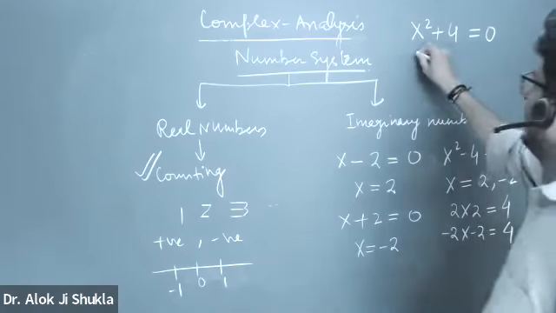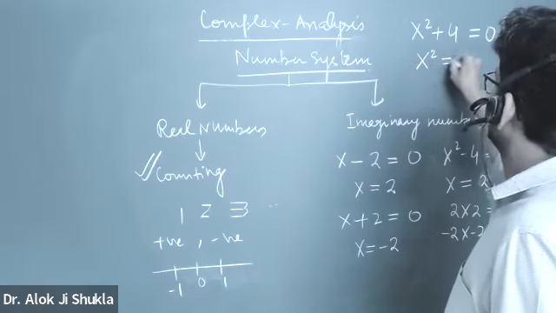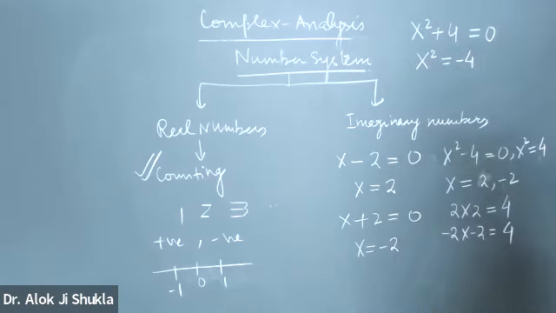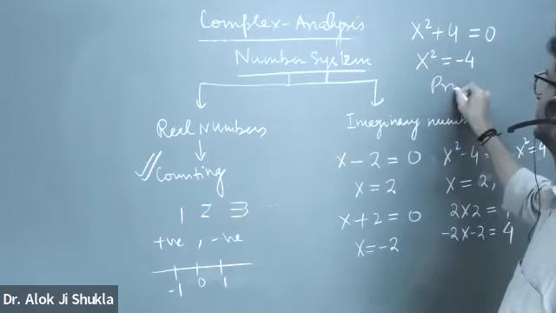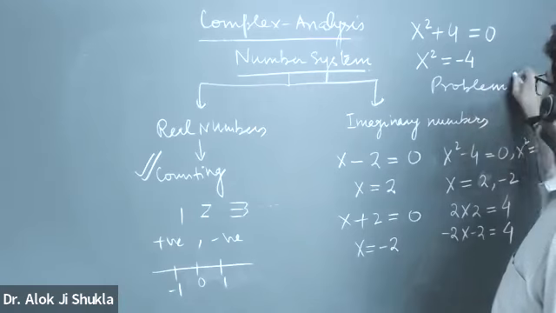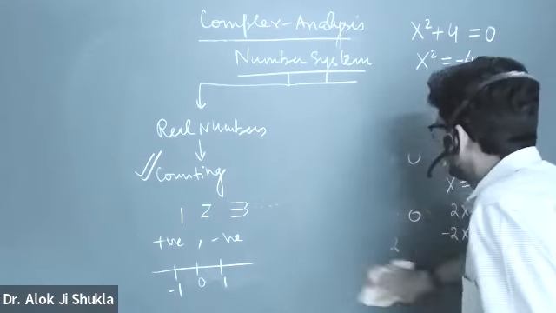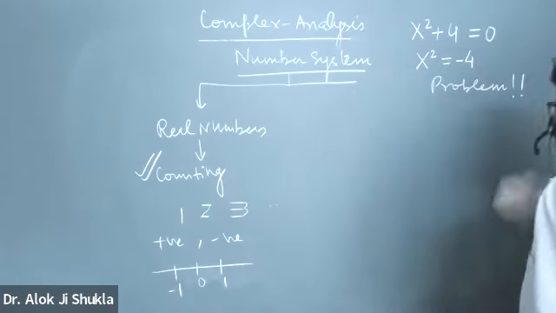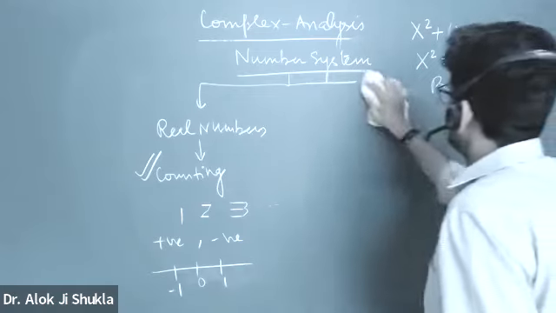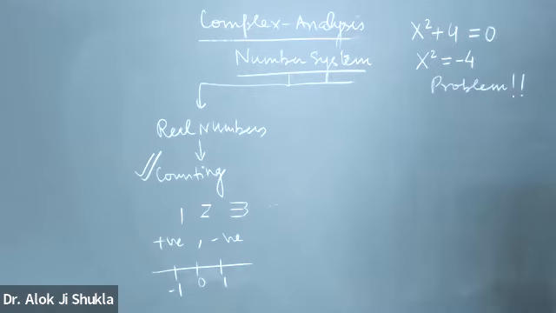Now, when you try to write this x square is equal to minus 4, this came as a problem. How to write a number whose square is a negative number? This was encountered by so many great mathematicians, including Gauss, including Euler, everybody encountered this.